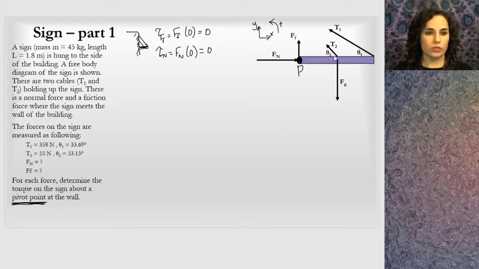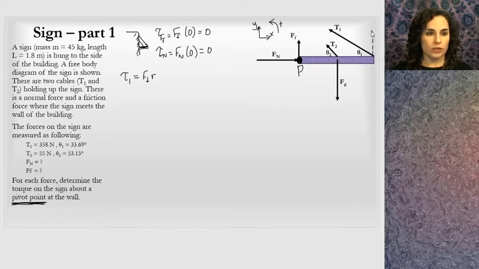Okay, so I found 2 forces. I have 3 more forces going on. I'm going to do T1. So we're going to find torque 1 for T1. And this is how I'm going to do it for this force here: I'm going to divide it up into the perpendicular force times the radius arm. When I look at T1, it can be divided into an X component and a Y component.